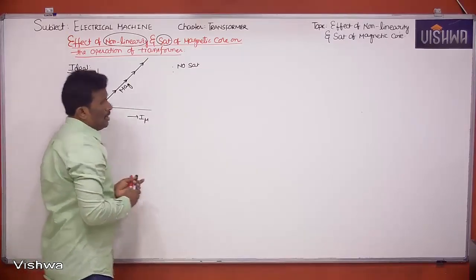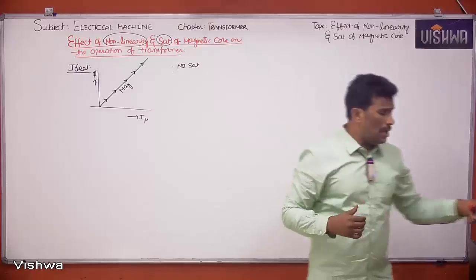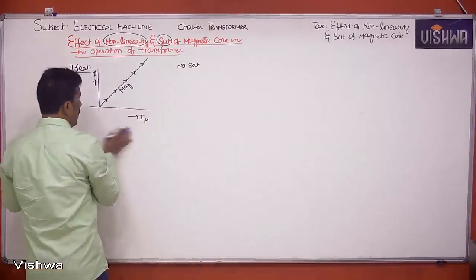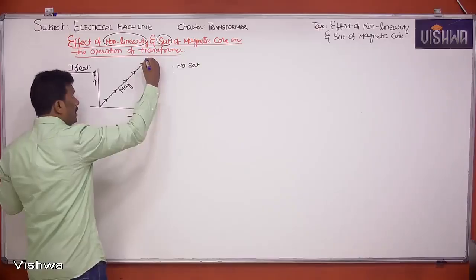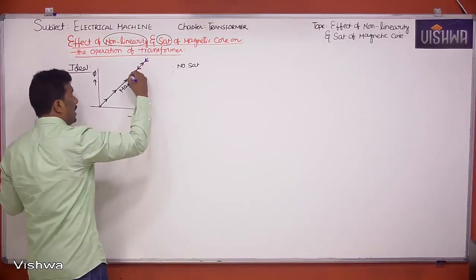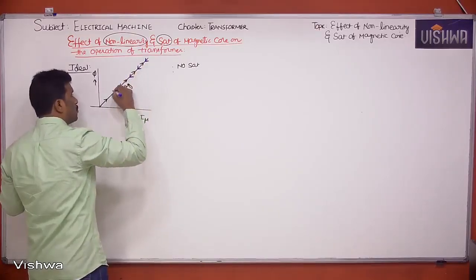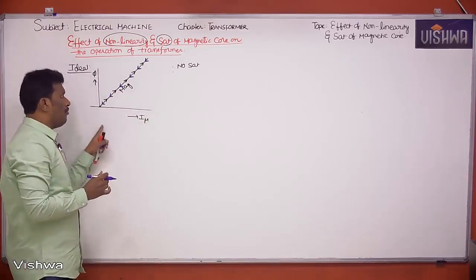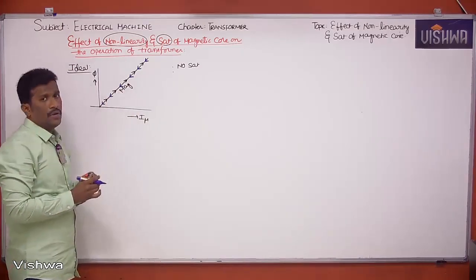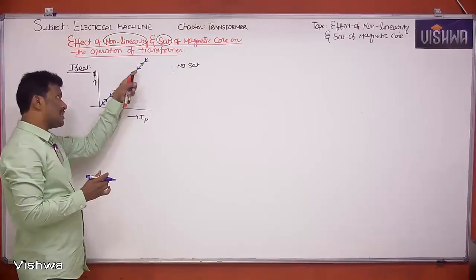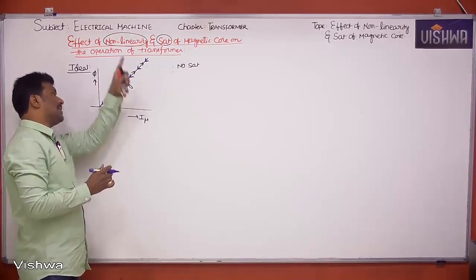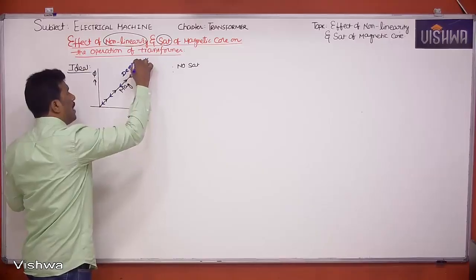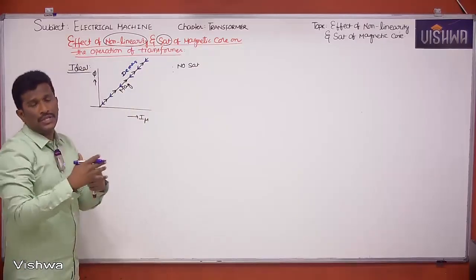Now, if you reduce I mu value, flux will reduce in the same direction in which flux was increased. If you reduce I mu value, flux will reduce, no doubt, but it will reduce along the same path in which it was increased. That means demagnetization and magnetization coincide with each other.